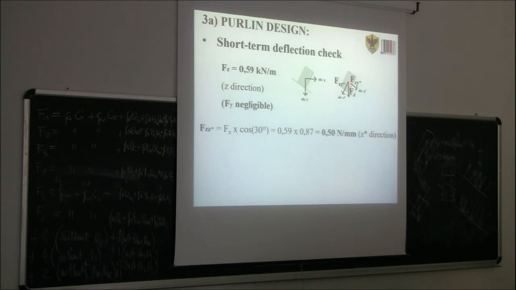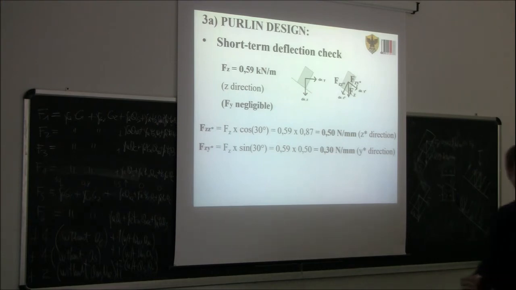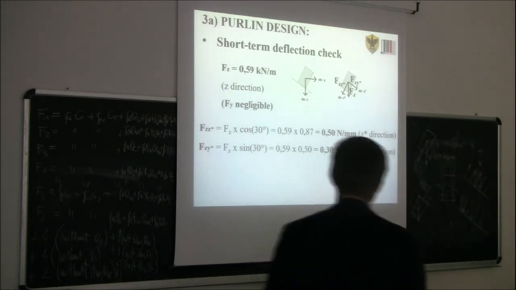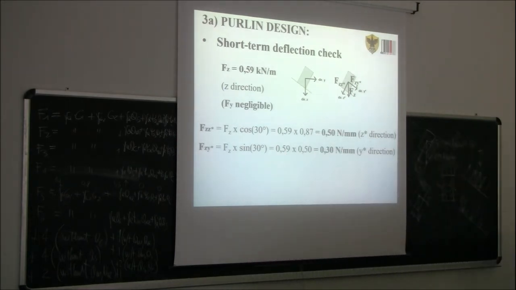Fz is decomposed in Fzz and Fzy. Fzz is Fz times the cos of 30 degrees, so 0.50 Newton per millimeter, and Fzy is Fz times sin of 30 degrees, so 0.30 Newton per millimeter. Now with this decomposition, we have two simple bending problems. So one is this.